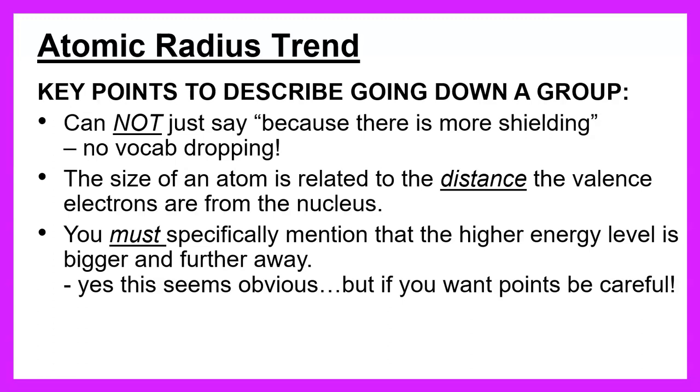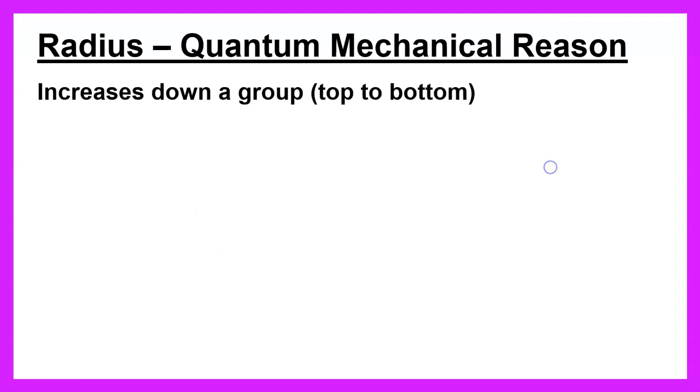We all know what that means. It seems very obvious, but they need you to be very explicit when you're talking about a higher energy level being further away. So please be very careful about those types of things when you're describing going down a group. Those are key places people make mistakes.